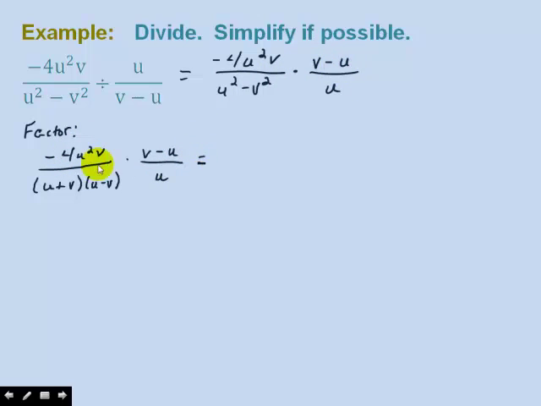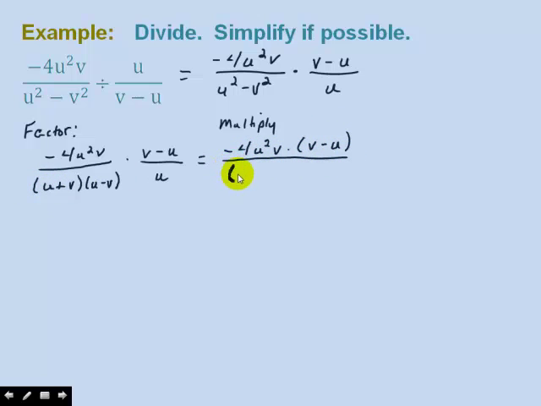Now we can go ahead and multiply. So in our numerator, we have negative 4 u squared v times, and since the (v minus u) here is the whole numerator, that's a factor, so we do need to write it in parentheses.